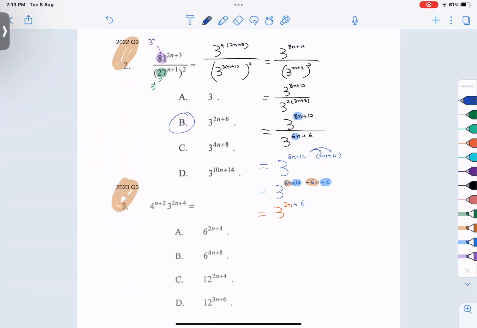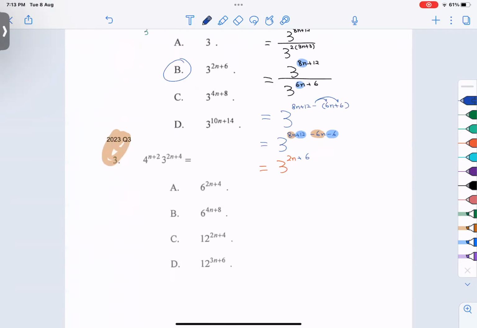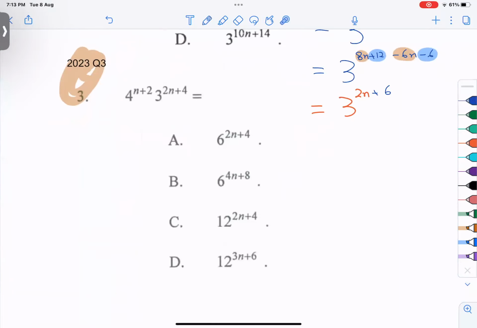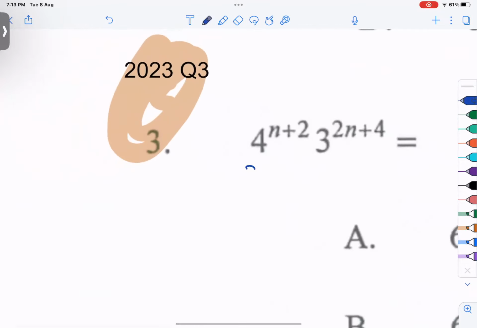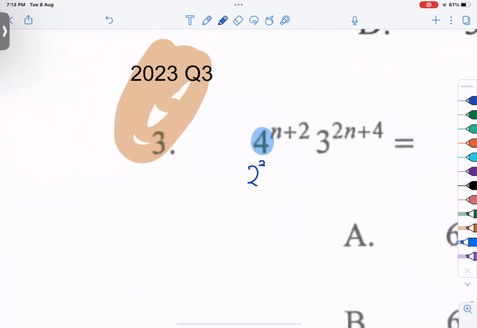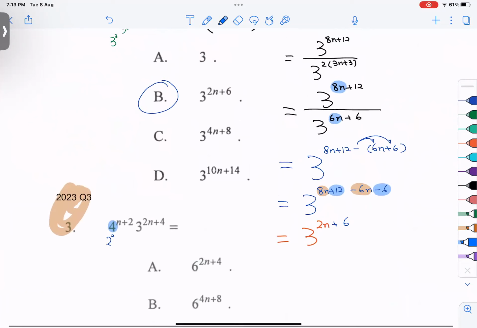Okay, then. So for the next one, now 3 cannot be replaced by anything. It's a prime number. How about for 4? We can replace it by 2 squared.